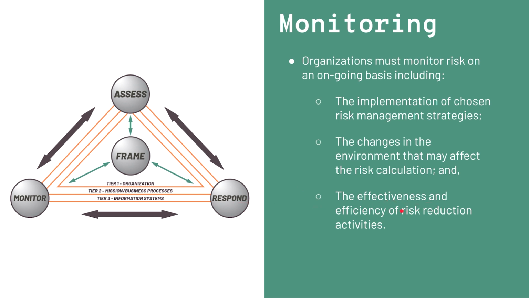And you have to also be monitoring continuously whether your risk reduction activities are appropriate. When you have your patching mechanism, does it actually properly reduce the risk? Your cyber insurance, any mechanism you have selected for risk reduction, is it actually working as it should and properly reducing the risk?